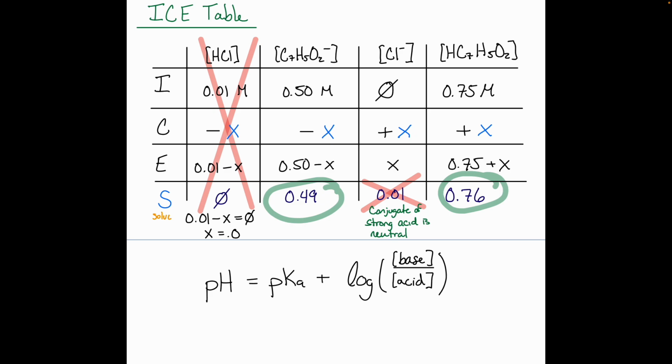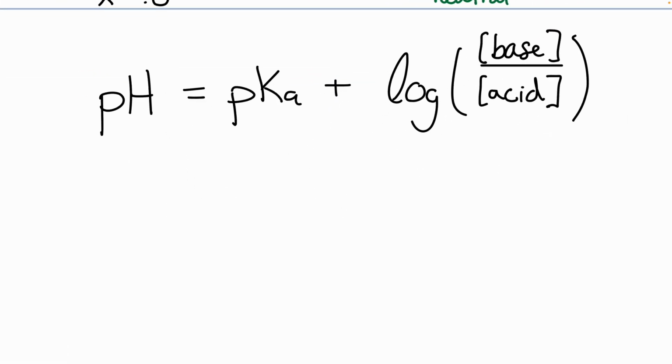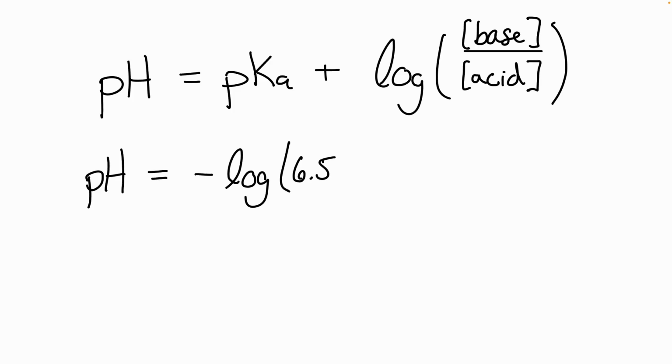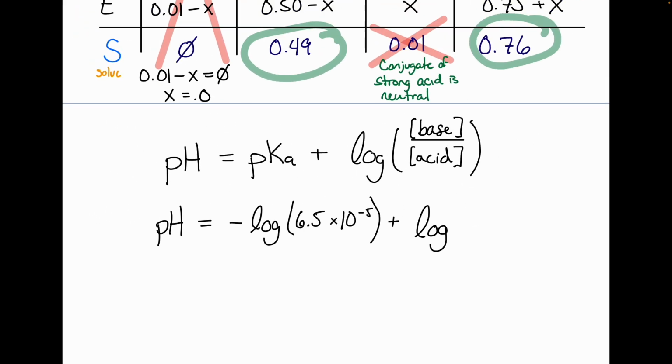So the P always means negative log. All right, so the pKa, the negative log of that Ka value, we're just keeping the same buffer system, so it's the same one that we looked up before. That's 6.5 times 10 to the negative 5. Plus the log of my concentration of base.